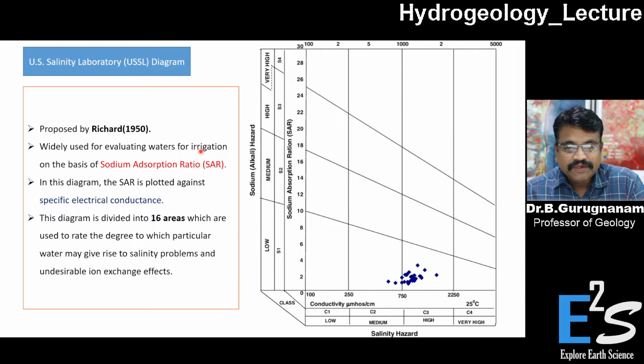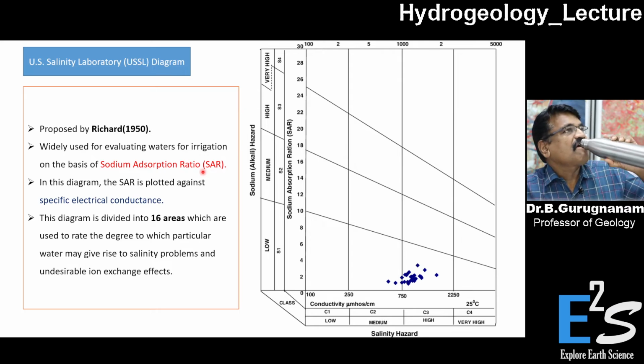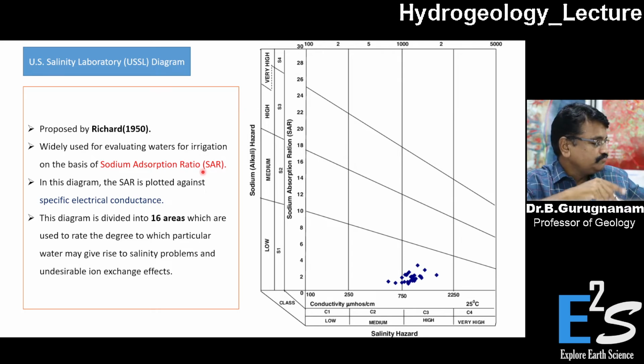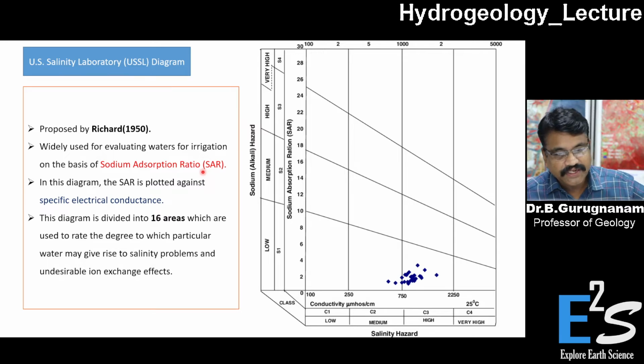This diagram is developed for the purpose of irrigation by using the sodium absorption ratio. In this diagram, the sodium absorption ratio is plotted against specific electrical conductance.